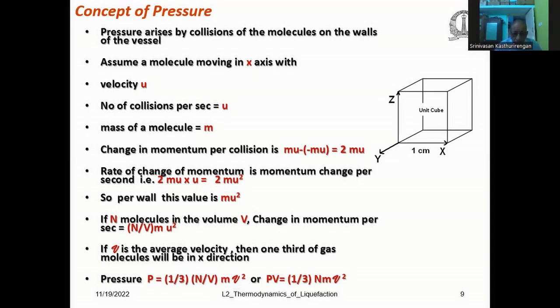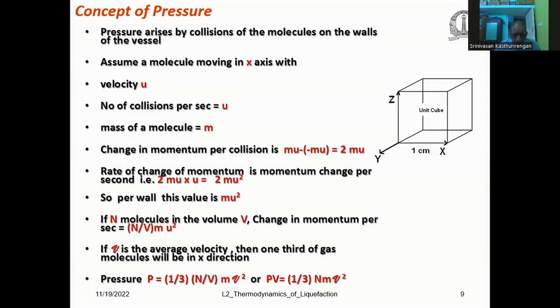Another important assumption is that the molecule moves only along the x-axis, which is incorrect. The molecule has an average velocity, let's say v, and 1/3 of the gas molecules will be in the x direction, 1/3 in the y direction, and 1/3 in the z direction. Therefore, we have to consider this.